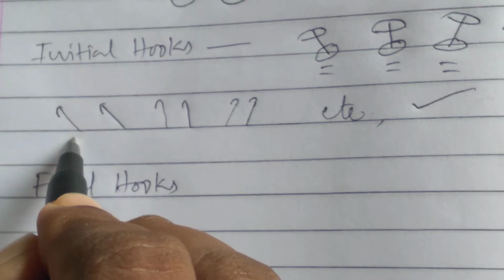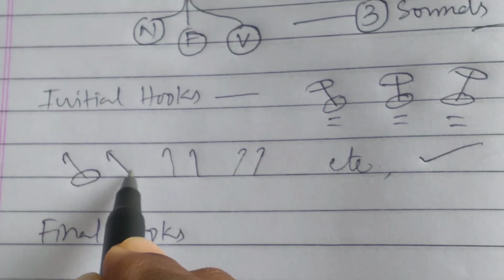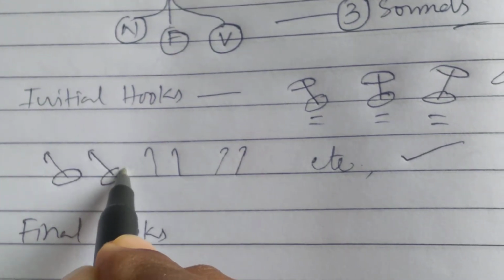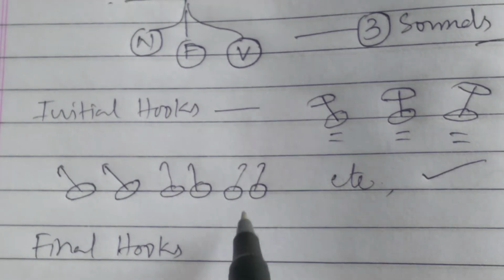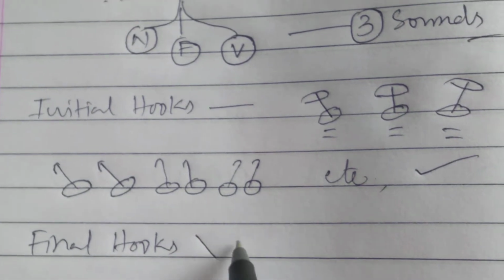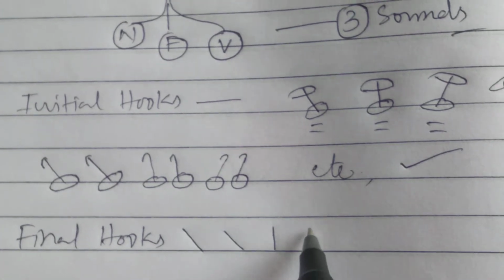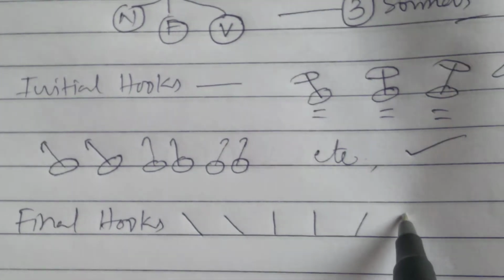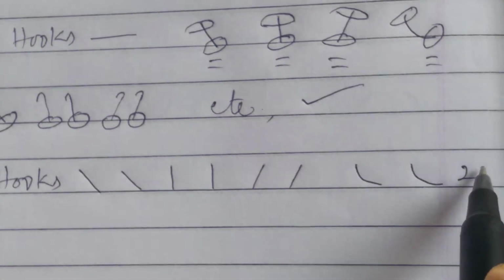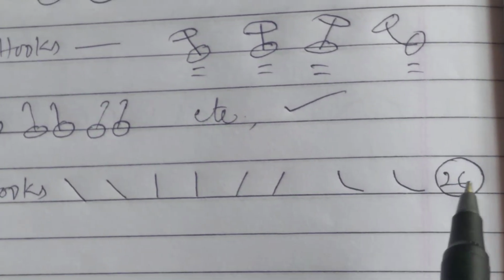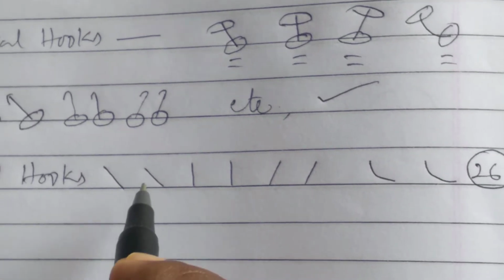Final hooks means the place of ending, it is called final. Now we have to add a hook for these strokes. We have 26 strokes now, and we have to add a final hook for this.